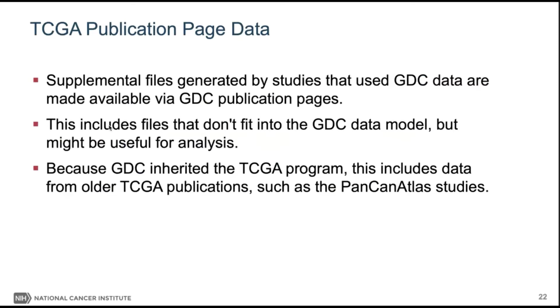Like I was saying before, these publications also include data from older TCGA publications, one of which receives a lot of interest is the Cancer Atlas studies. So those studies have publication pages and associated files in the GDC publication pages.